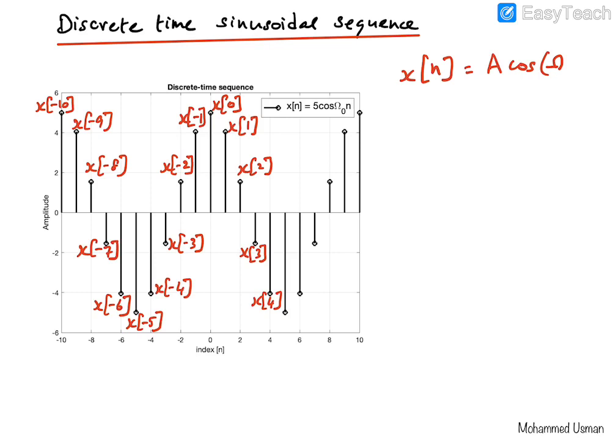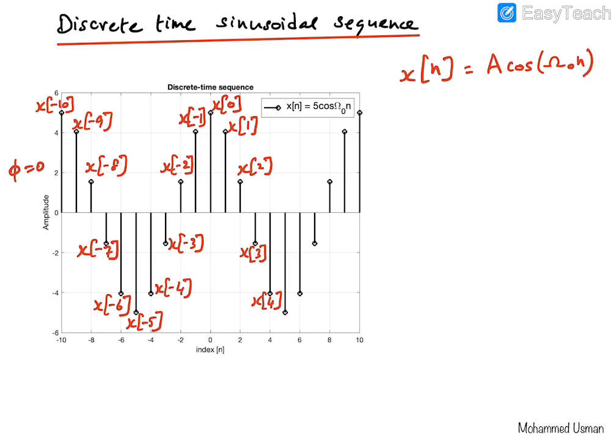So we'll denote that as a cosine omega naught n plus the phase. Again, in this case, I have used the phase as 0. The phase shift here is 0. So we'll talk about the phase shift later.